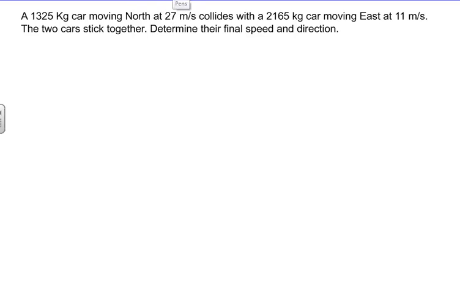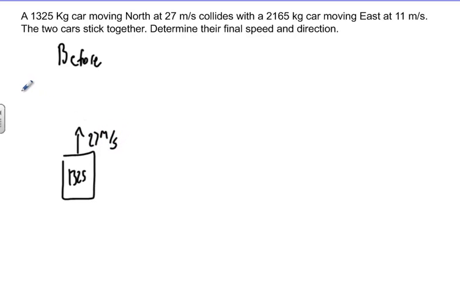So I always like to start with a picture, and I have my before and after picture. My before picture looks like this: one car, 1,325 kilograms, moving this way at 27 meters per second. And I have a second car, 2165, moving this way at 11 meters per second.